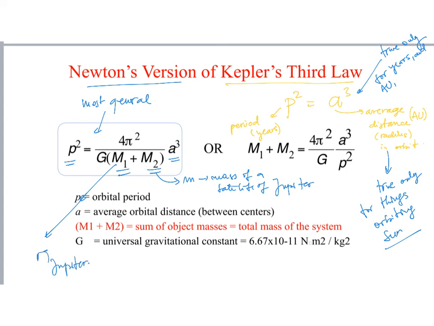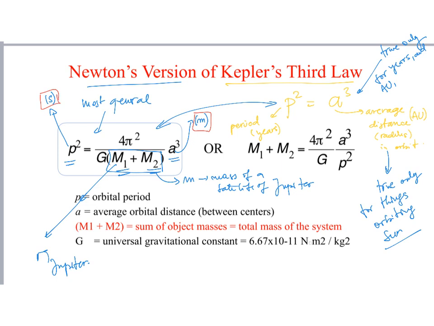And then you have the mass of the thing around which the satellite orbits plus the mass of the satellite, right? So you see, the formulae are very, very similar, right? Except that this is obviously more general, and in this case, everything is measured in the International System of Units. So the period is going to be in seconds, and the semi-major axis, or the average distance, is going to be in meters. Actually, this is very, very important.